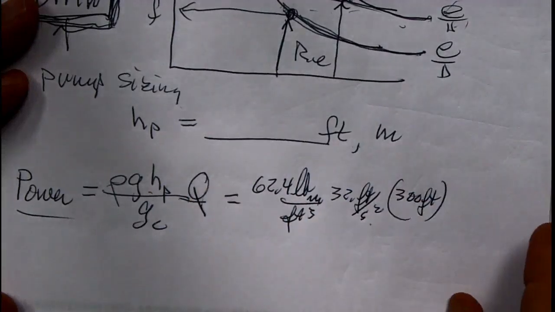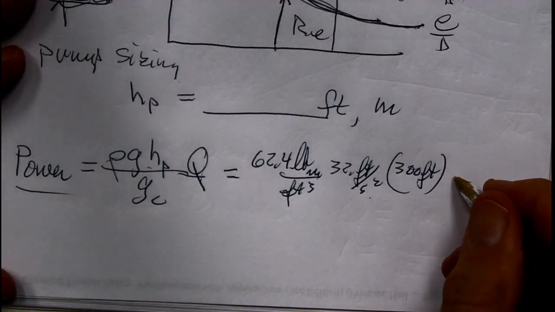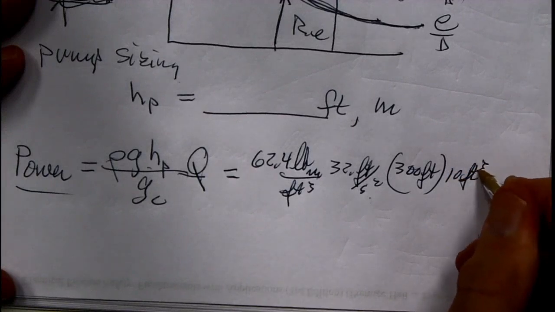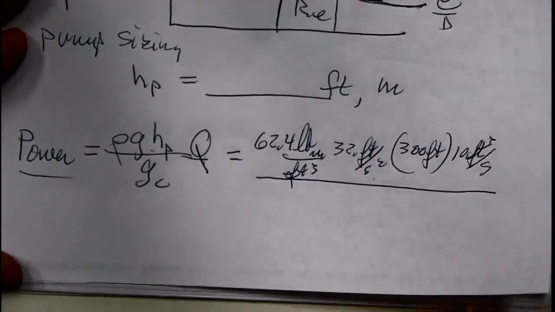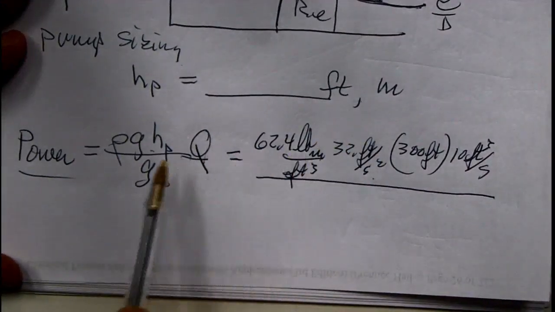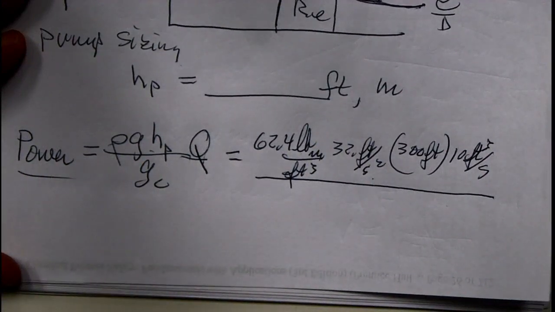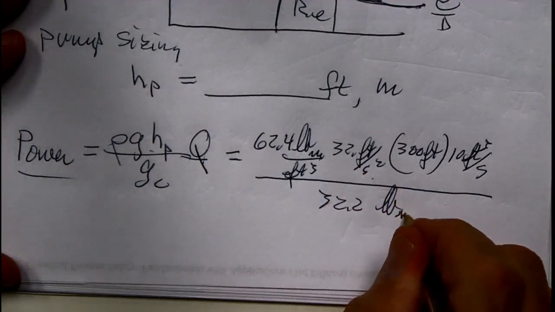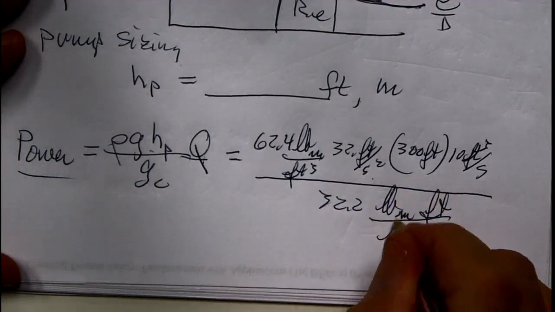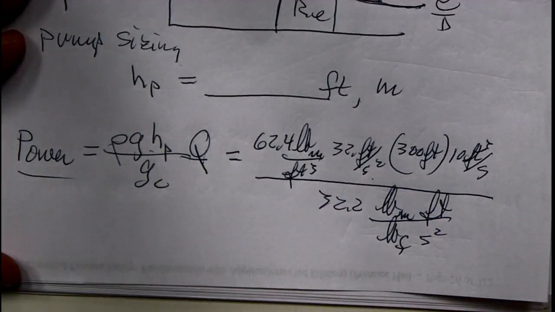And then the volumetric flow rate, let's give it in cubic feet per second. So maybe it's 10 cubic feet per second, which is a lot of flow. And then we divide through, because we have units of mass and units of force and power, right? We got to have g_c in there to make sure our units cancel: pounds mass foot per pounds force second squared.